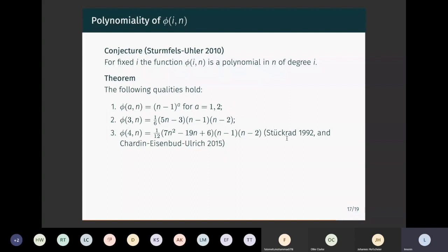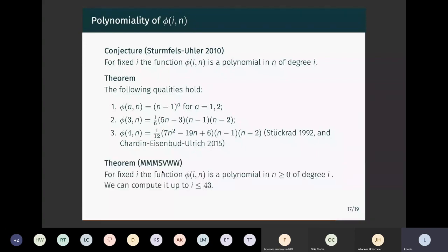And it turns out that it was actually known before to statisticians, and it's a result of Stückrad from 1992 as well. But up to now, these were the only cases which were known, and what we were actually able to show is that this is a polynomial for any i.